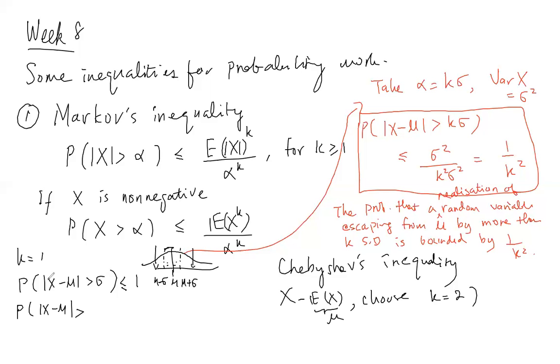So let's see, if you take k equals to 2, the chance that you escape by more than 2 standard deviations cannot be more than 1/4, and so on. So this is what we call a very conservative bound.